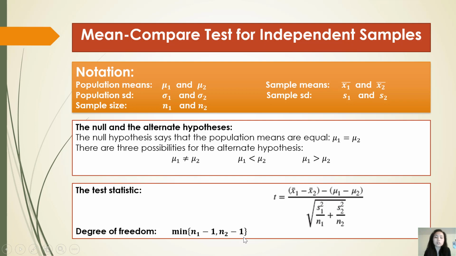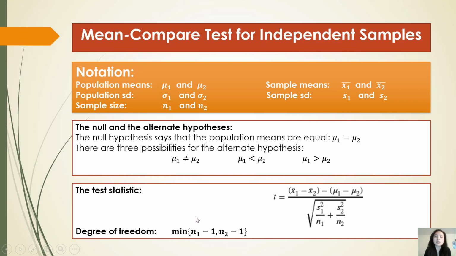For example, if the sample size of the first sample is 60, and the sample size of the second sample is 50, then we take the minimum of 60 subtract 1 and 50 subtract 1. So that's the minimum between 59 and 49, and it should be 49. That's how you find the degrees of freedom for a hand computation.